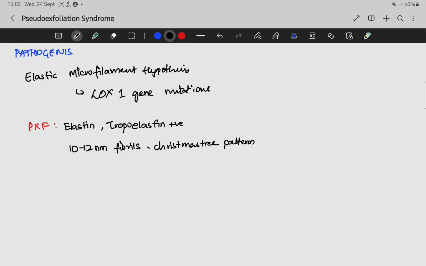This material is not just seen in the eye, but it is called a syndrome because it is produced by many cell types. That's why it is also called an inherited microfibrillopathy.